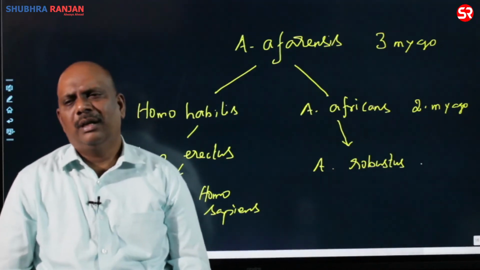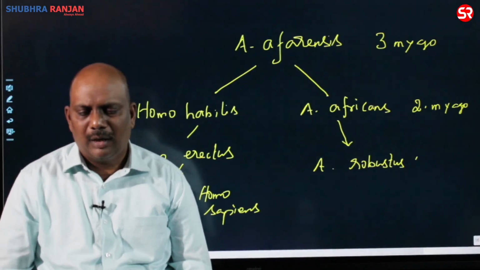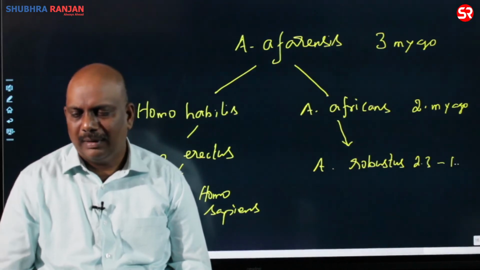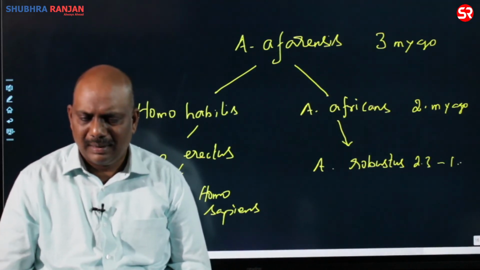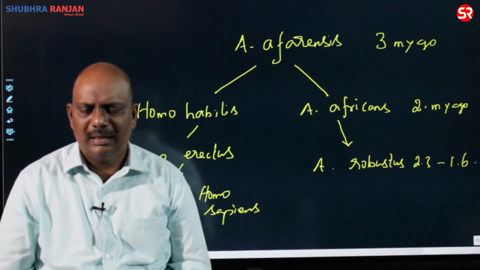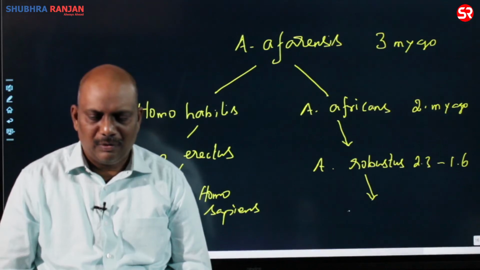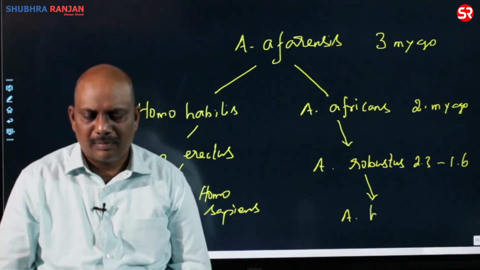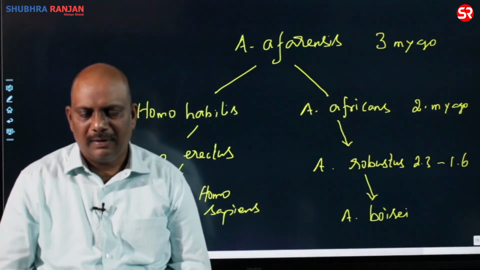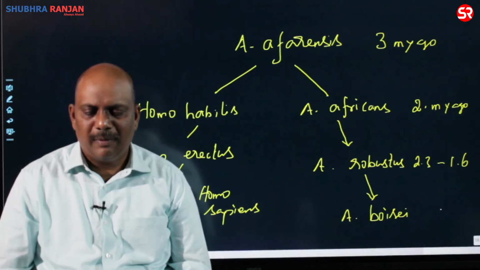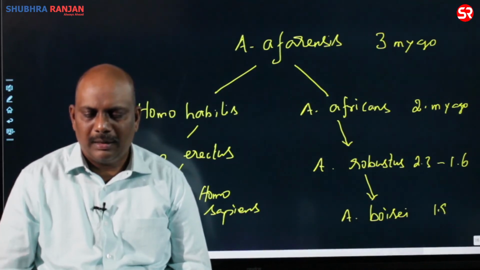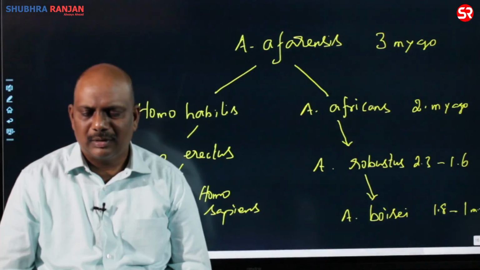It lived roughly between 2.3 to 1.6 million years ago. This further evolved into Australopithecus boisei, which lived between 1.8 to 1 million years ago.